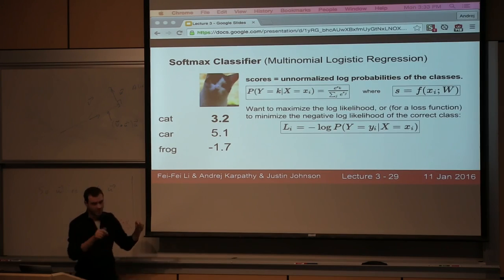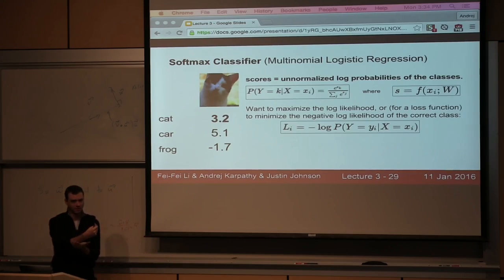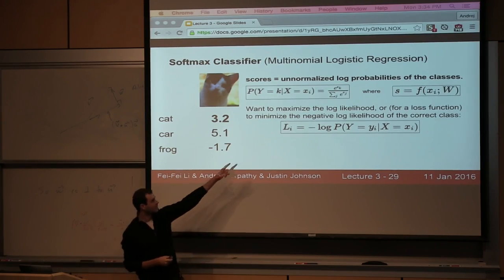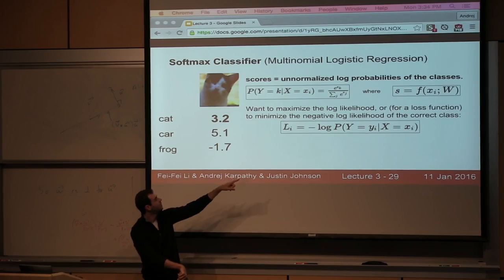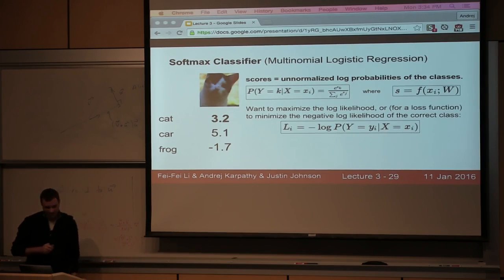And since we're writing a loss function, we want to minimize the negative log likelihood of the true class. Okay? So you end up with a series of expressions here. Really, our loss function is that we want the log likelihood of the correct class to be high, so the negative of it wants to be low. And the probability is the softmax function of your scores. Let's look at a specific example to make this more clear.